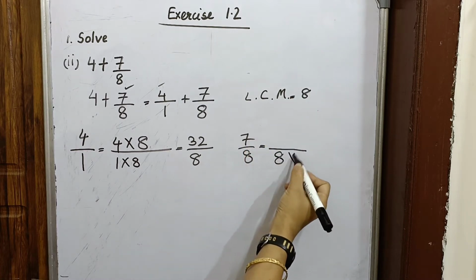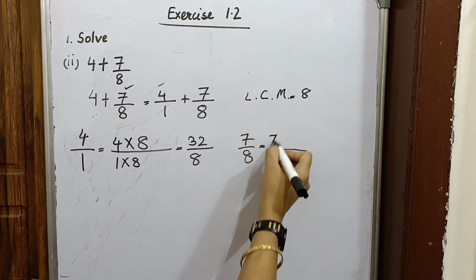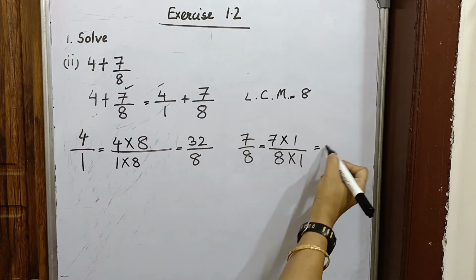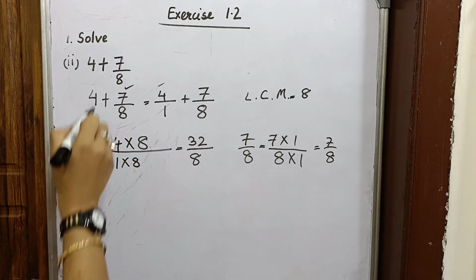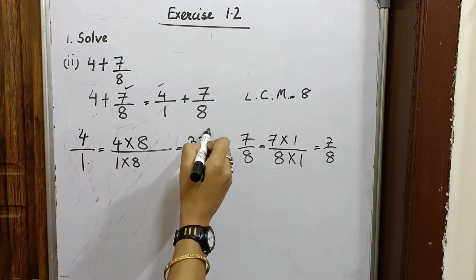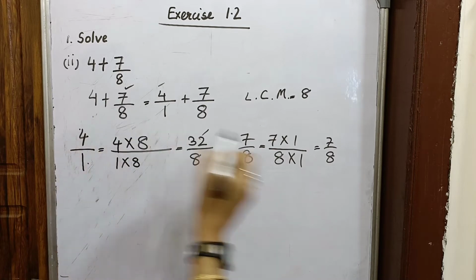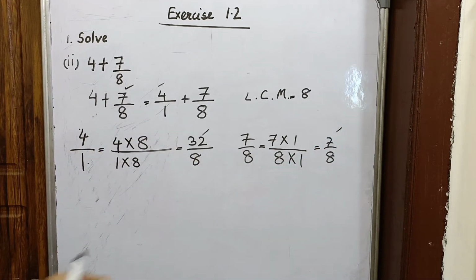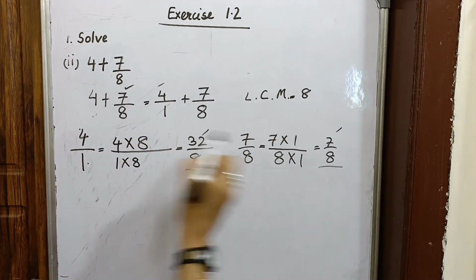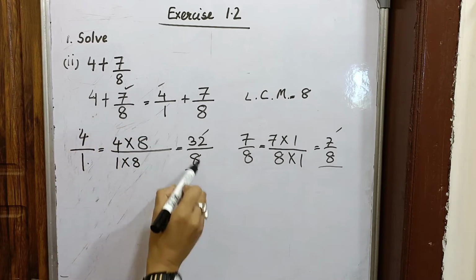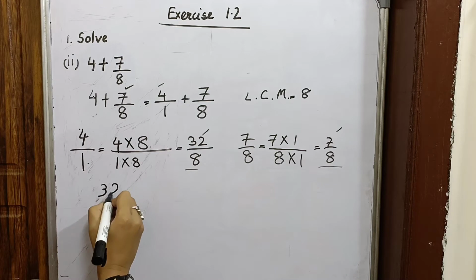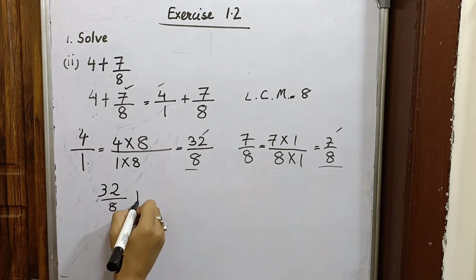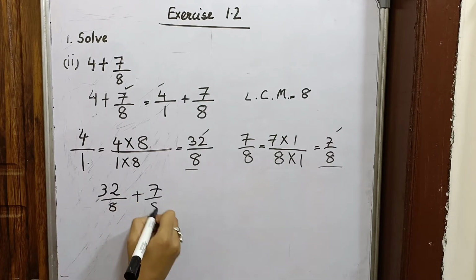It is easy, 8 into 1 and 7 into 1, so it is 7 by 8. Now for 4 by 1, which is 4, we got 32 by 8, and for 7 by 8, we got 7 by 8. Now we sum these two: 32 by 8 plus 7 by 8.